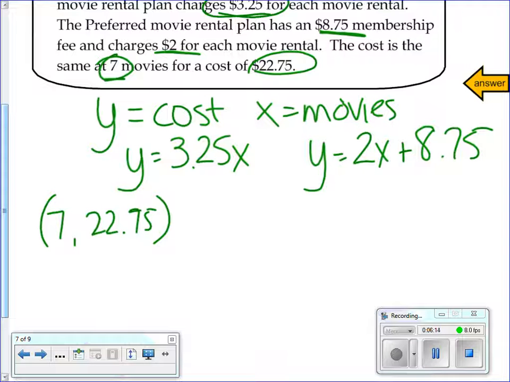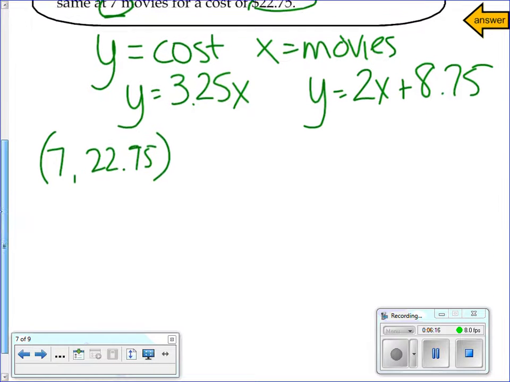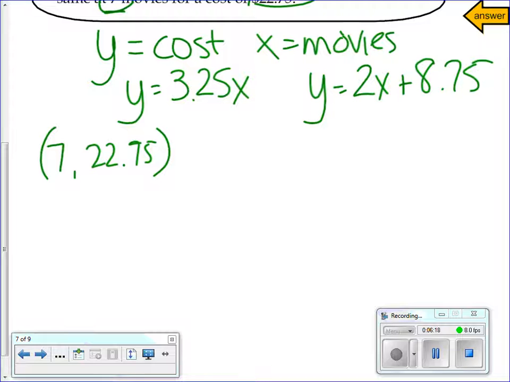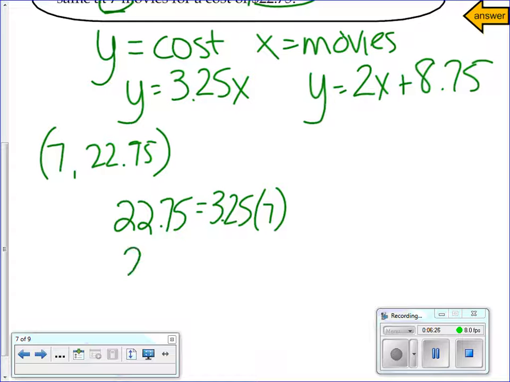So let's check and make sure that our equations are right. So the first one, $22.75 equals 3.25 times 7. So $22.75 equals $22.75. Check.